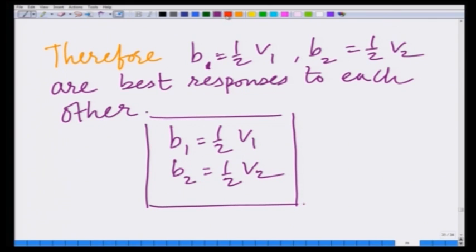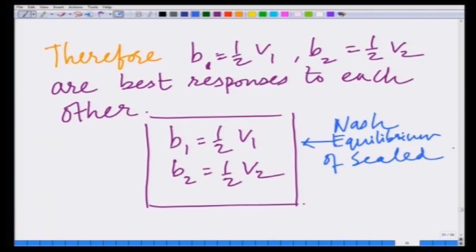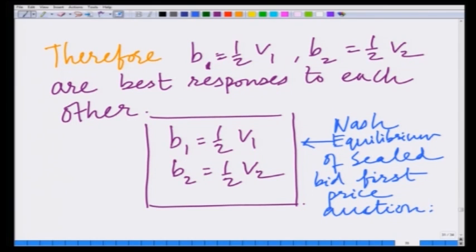So, this is the Nash equilibrium of our sealed bid first prize auction.